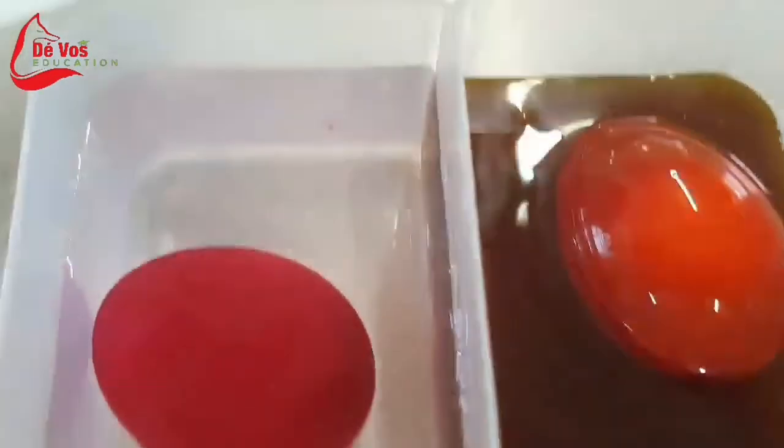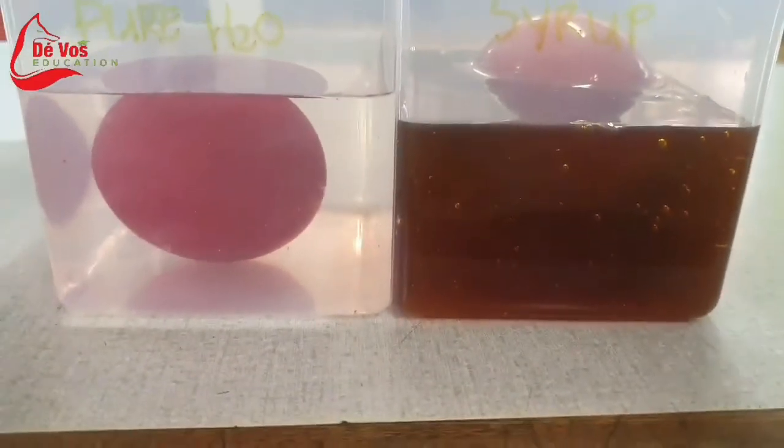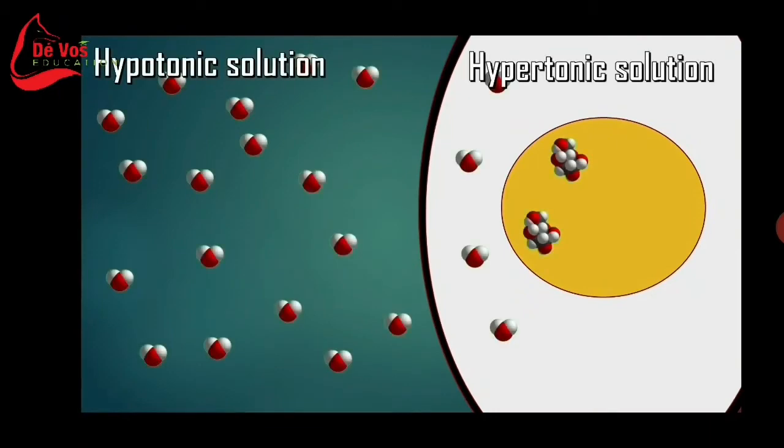Now in the actual experiment, we place 1 egg in pure distilled water and the other egg in corn syrup, highly concentrated sugar solution. Pure water is a hypotonic solution, while the egg represents the hypertonic solution.